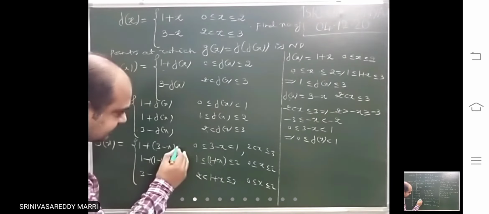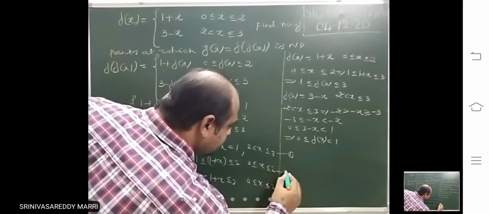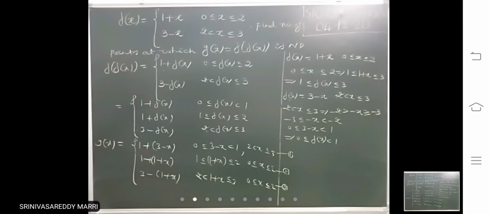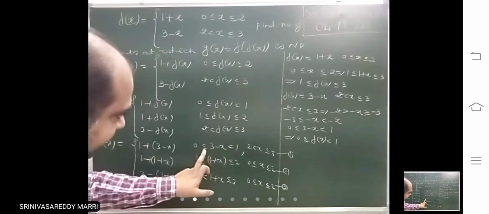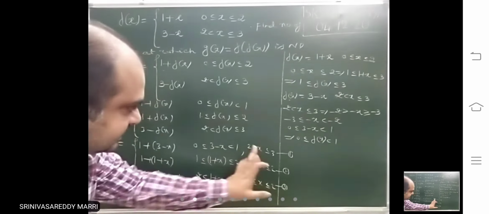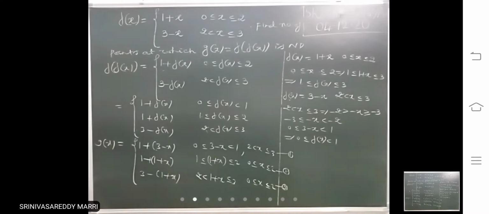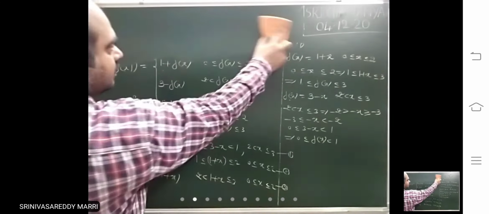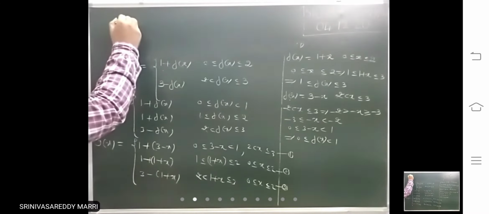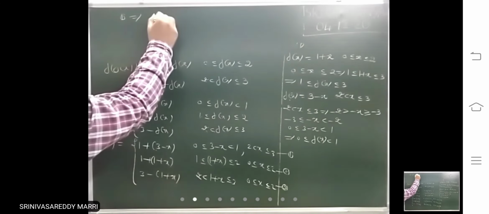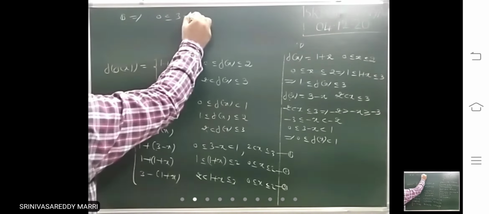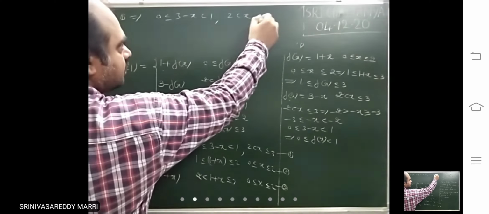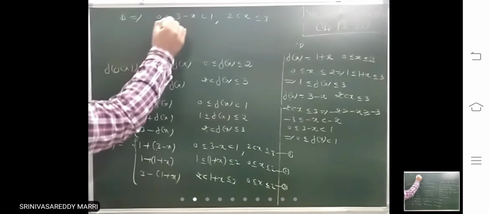So now let us say this is the first one, this is the second one, this is the third one. Now we will solve the x interval regarding this and this, the common interval. So 1 implies this, so calculate x from here.